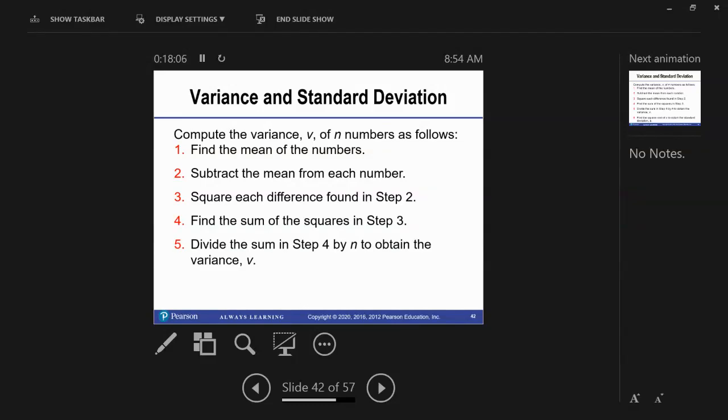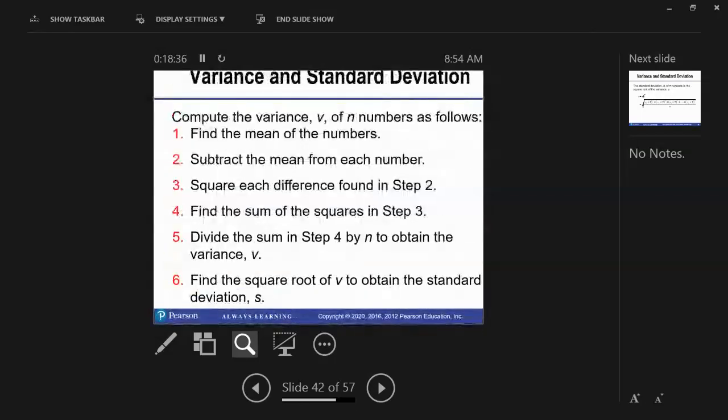And divide that sum in step 4 by the number of data points you have. And then once you've done that division, you'll find the square root to find what's called the standard deviation. Okay, so step 5 gives you the variance, and then the standard deviation is just the square root of the variance.